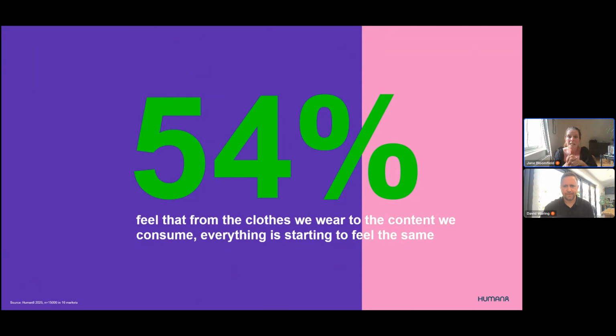That is part of a bigger consumer trend that we talk about as hyper blanding. So everything begins to feel and look very, very similar. Styles, ideas, aesthetics spread instantly and they get copied faster than ever before.